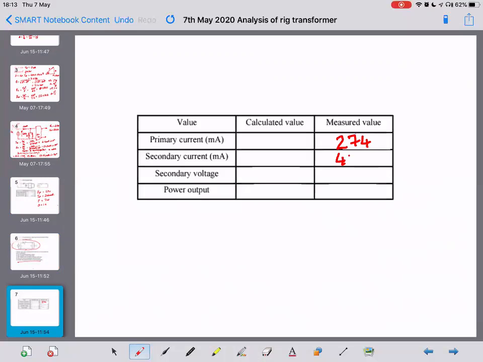Secondary current 426 milliamps. Secondary voltage 231 volts. And the power output 96 watts. They're the measured values from the real transformer. What we'll do now is build our model, calculate our values, and see how close we get to those actual values.